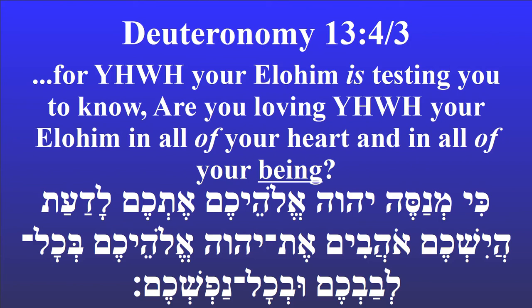It says this could be a test to know whether you're truly loving him, a test to know, are you loving him, in all of your heart and in all of your nephesh. And there are some other similar examples of nephesh being used in the same way, and we might compare that with some of the examples that we just saw. We could see this as maybe inner inclination or something of that sort.